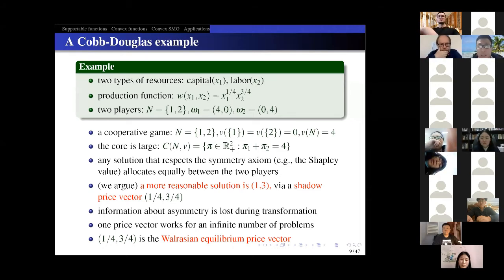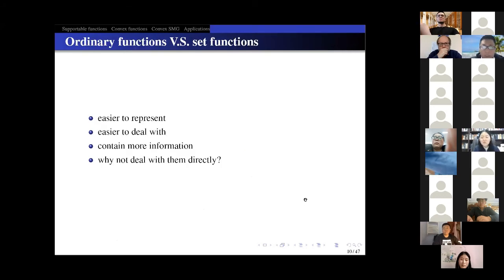That is, no matter how many players there are, so long as their total endowment is (4,4), using this shadow price vector we can always get an allocation in the core. And also we will show that 1/4, 3/4 is a Walrasian equilibrium price vector. It is related to an exchange economy. So this is the motivating example.